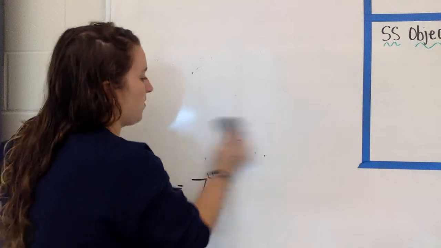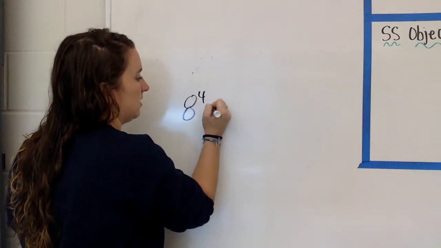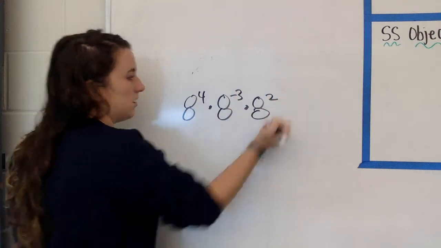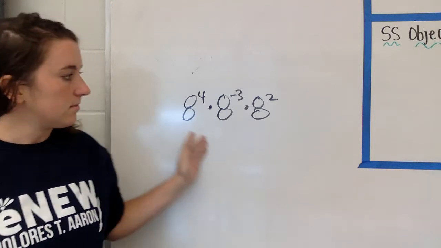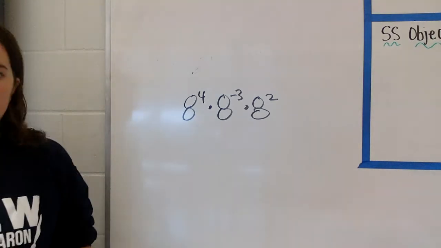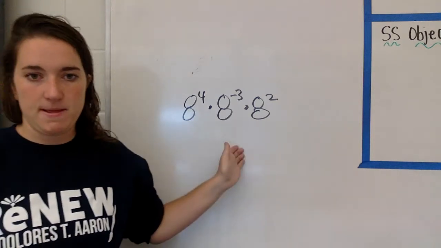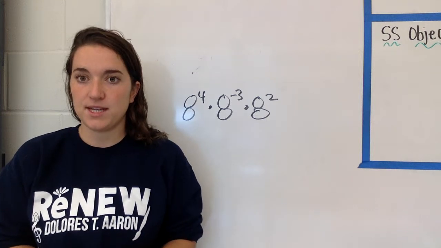We have 8 to the 4th times 8 to the negative 3rd times 8 squared. Do we have the same base? Yes. What's our base? Our base is 8. What rule are we going to use to solve this one? We are going to use the product rule. So what will I do with my exponents?